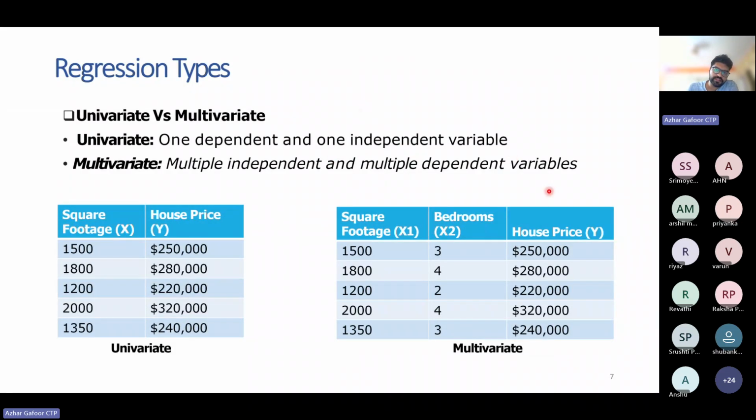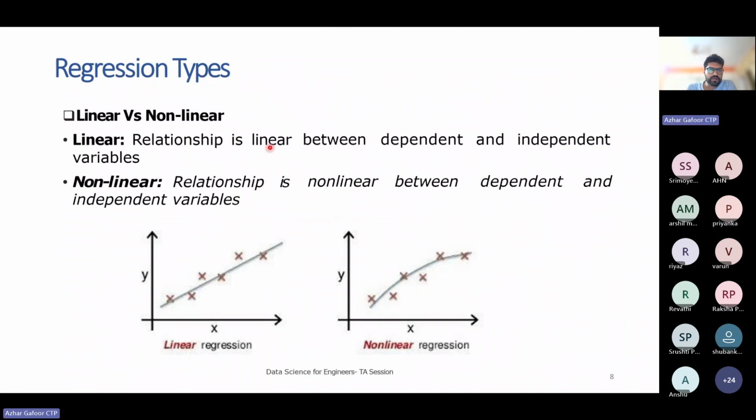The dependent variable is our final target or goal. In both cases, the house price is our final target. Here we consider only the square footage to predict the house price, whereas in the multivariate case, we use both the square footage and the number of bedrooms.